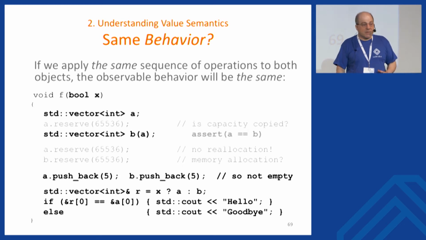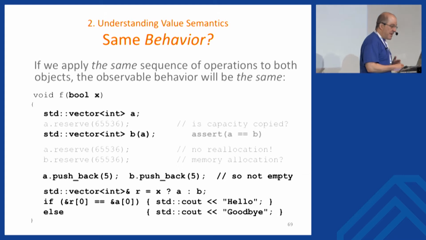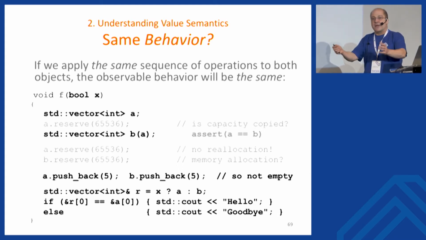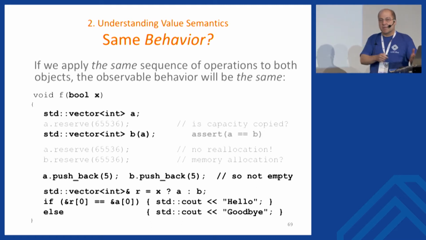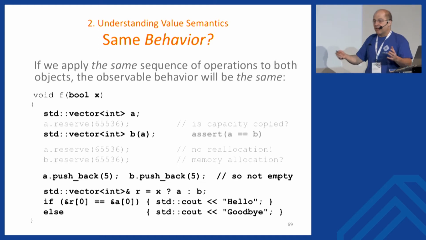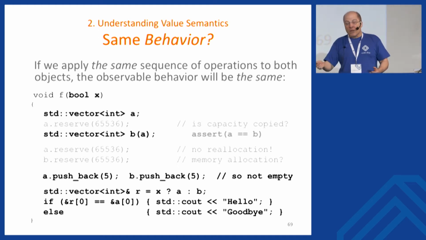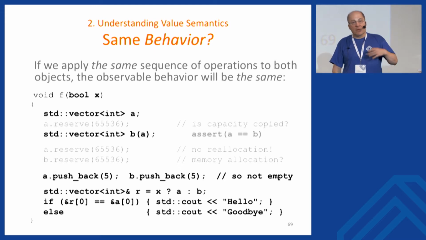So that notion of substitutability isn't good enough. So the behavior, for example, if I copy one thing and one of them has a large capacity and one of them has a small capacity, and I now try to push back an element, one of them will allocate memory and the other one won't.